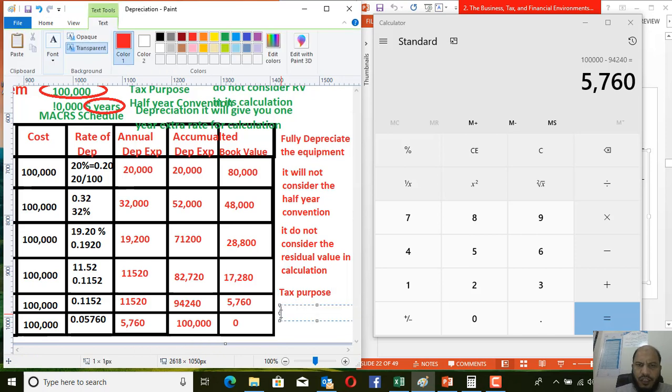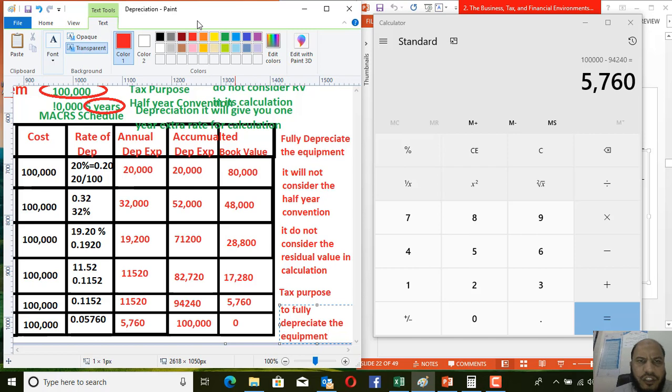And lastly, it will give 1 year extra rate to fully depreciate the equipment.